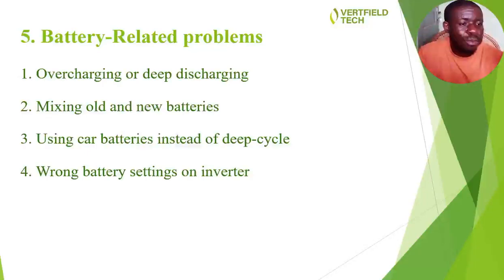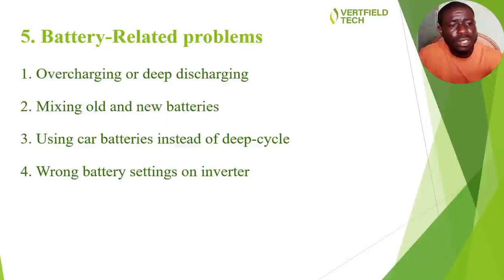Battery related problems. This is another key issue when it comes to your solar system failures: overcharging or deep discharging your batteries. This is a very important aspect to look into.